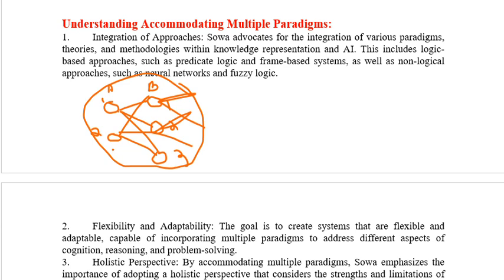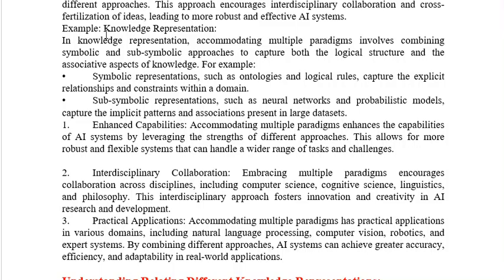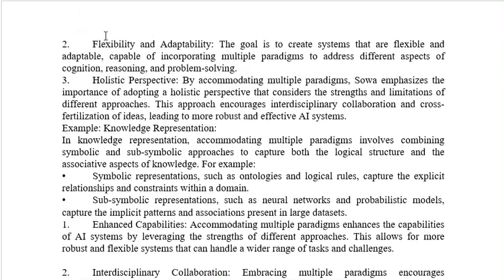So this is about the two approaches. Next is flexibility and adaptability. What is flexibility and what is adaptability? Flexibility means that if we want to modify any part of the system, it should be flexible enough to allow any type of change.